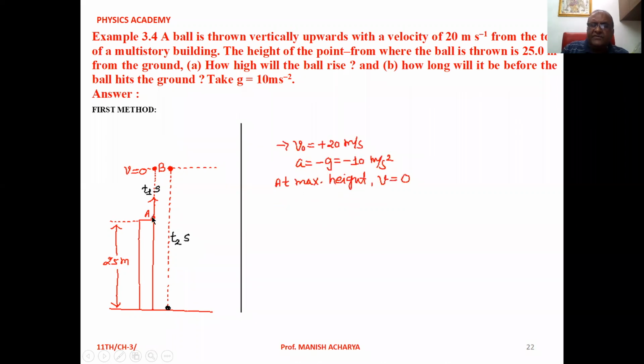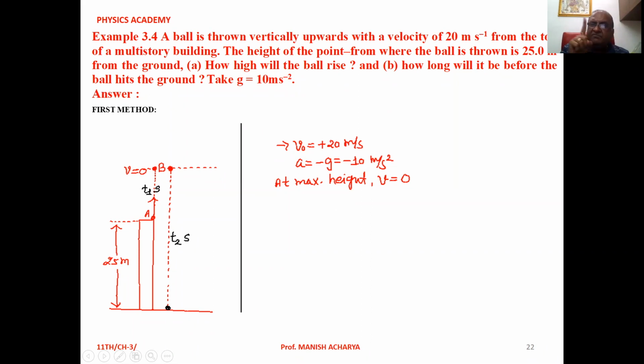So vertical direction, that is the y direction, horizontal, that we take as the x direction. Vertically upward we take positive y, downward we take negative y. So here the initial velocity is in the upward direction, so v0 is taken as plus 20 meters per second.